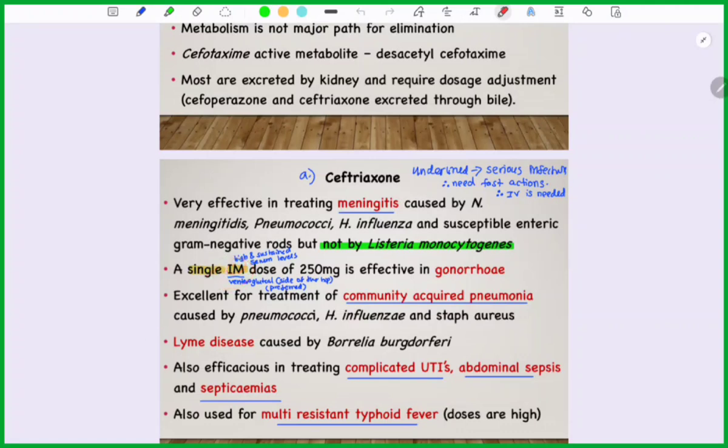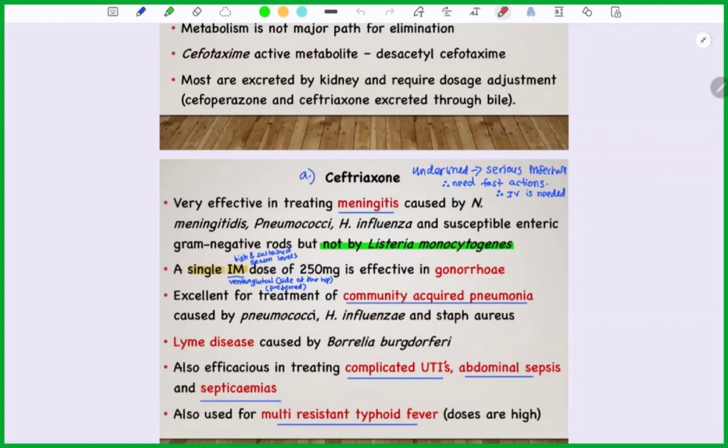That's why we are using IM instead of IV. IV is for some faster response, right? When you inject the drug into the muscle, it releases it slowly, so that you can have sustained serum levels. So the answer is gonorrhea.